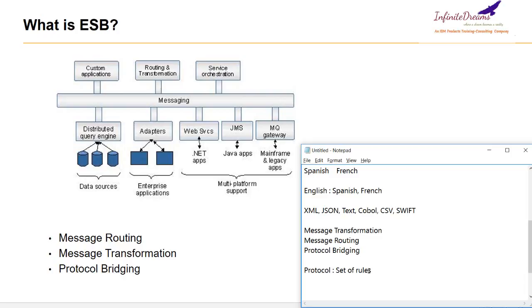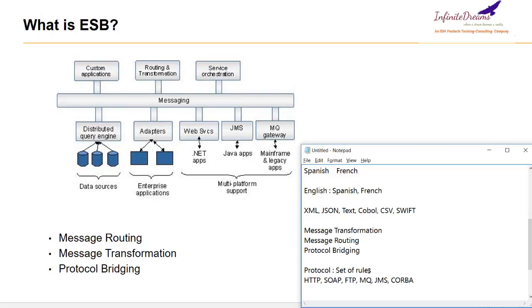We can understand it as a medium: what is the medium by which you are sending messages from one system to the other? There are different types of protocols in the industry, like HTTP, SOAP, FTP, MQ, JMS, CORBA.